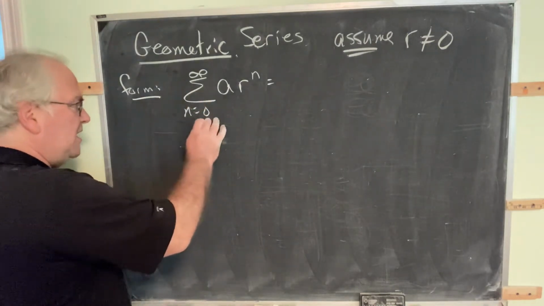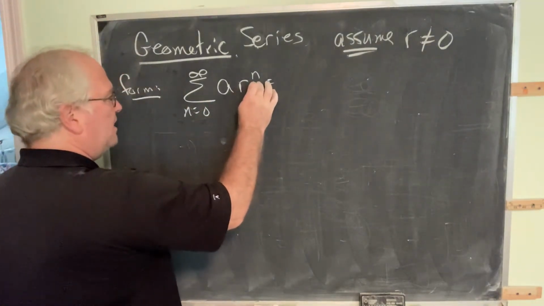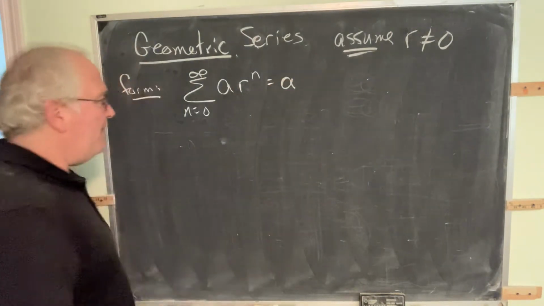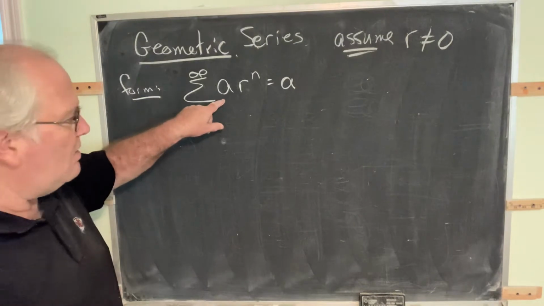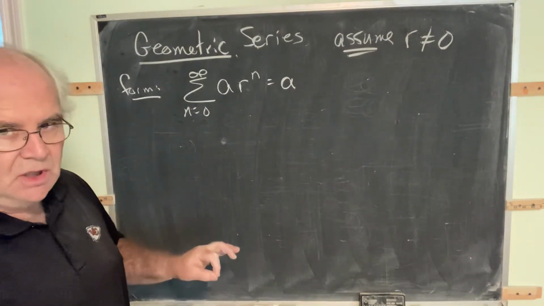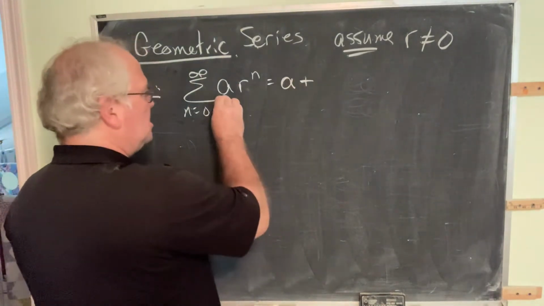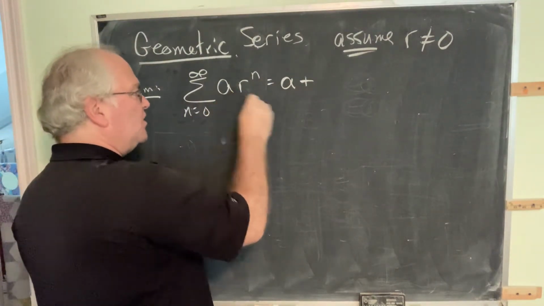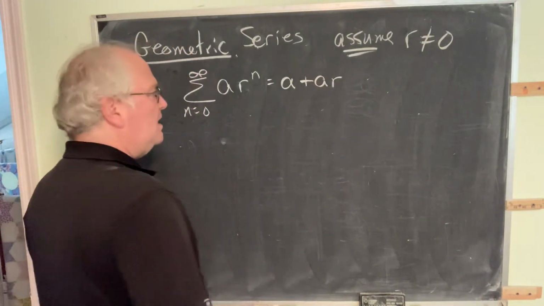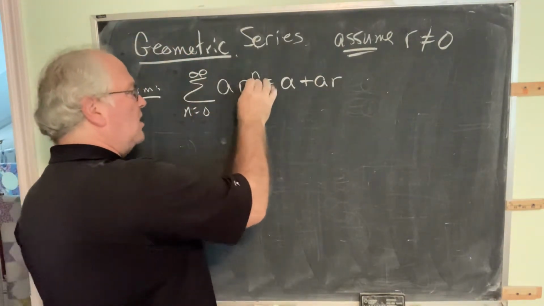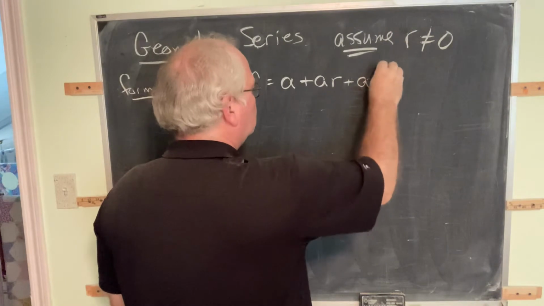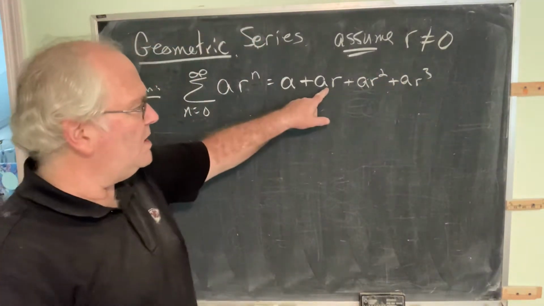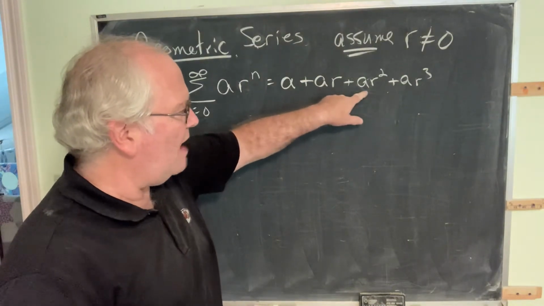Okay, so when n equals 0, any non-zero number to the 0 power is equal to 1. So this is a times 1, which is just a. That's why this coefficient a is called the initial term, because the initial term is always just that number. When n is 1, this is a times r to the first power, which is a times r. When n is 2, this is a times r to the second power, and then a times r to the third power. Notice that to go from one term to the next, you just multiply by r.